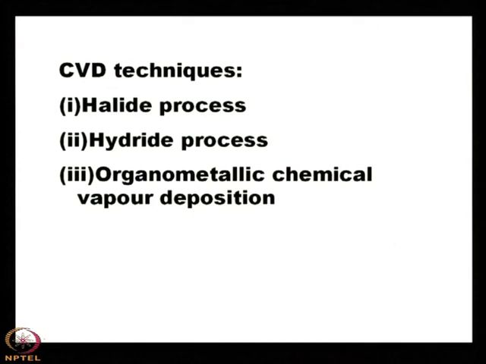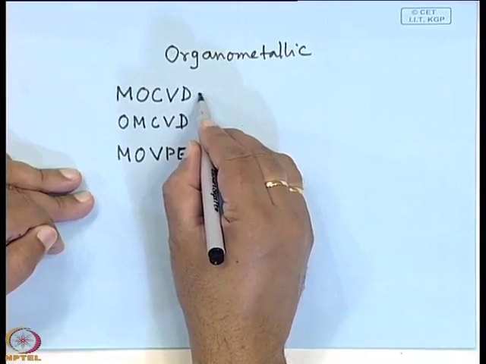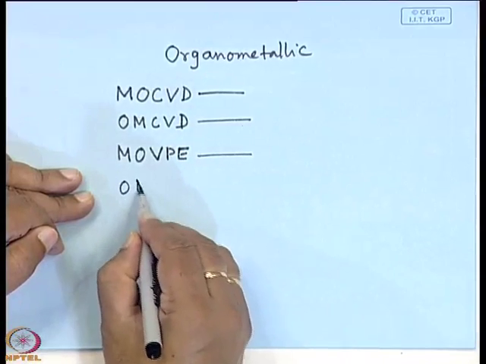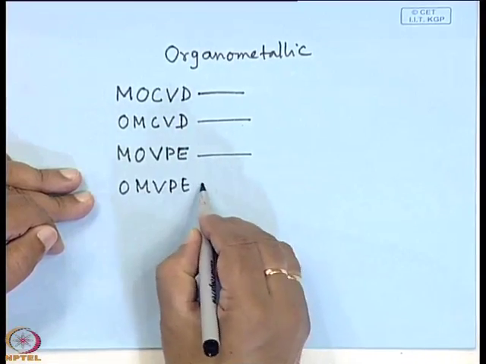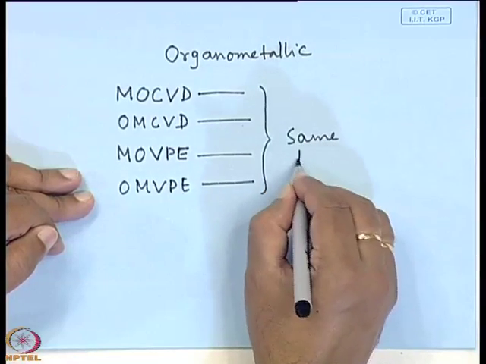It is known as MOCVD, metal organic chemical vapor deposition, or organometallic chemical vapor deposition, same thing, or metal organic vapor phase epitaxy. So, it can be MOCVD, OMCVD, MOVPE or OMVPE, the same thing.